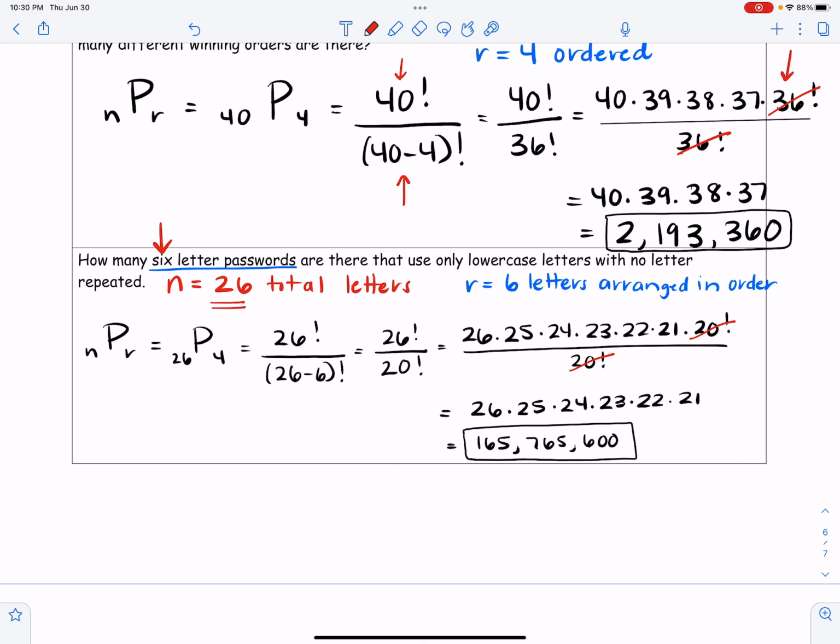So again, this is a situation where I could use the nPr function for 26 total letters, but arranging 6 of them in order. So again, if you want to order all of your objects, then you just evaluate n factorial. If you want to order some of your objects, then you use nPr.